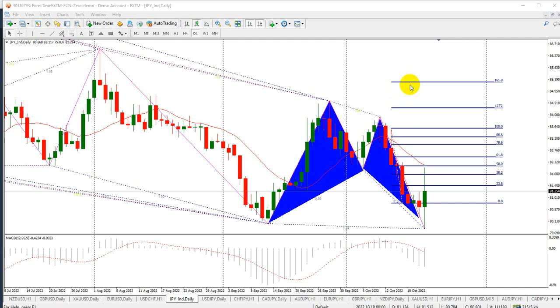So we are looking at JPY pairs starting from the JPY index. So this is the JPY index, the Japanese yen index. On the daily time frame, if you have watched my previous video on the JPY index, you will see that I'm currently bullish.